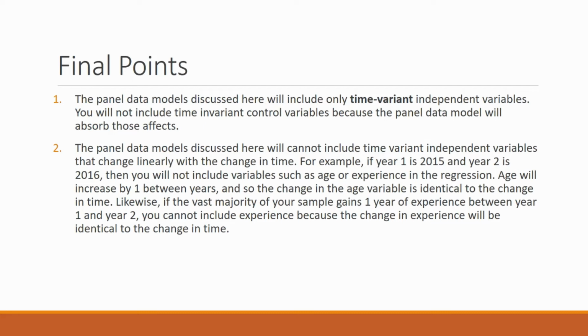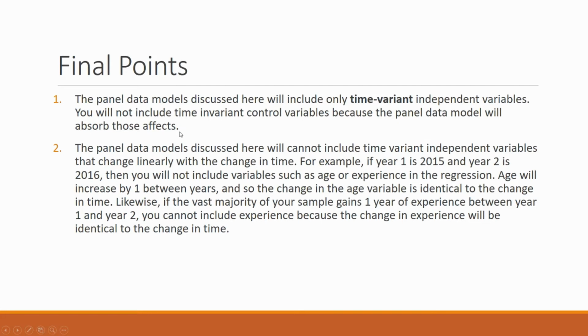That means nobody takes a year off, basically. If everyone's level of experience goes up by 1 between year 1 and year 2, then you would not include experience because it's changing linearly with the change in time. It's going up by the exact same amount as time is changing. So you wouldn't include that either.